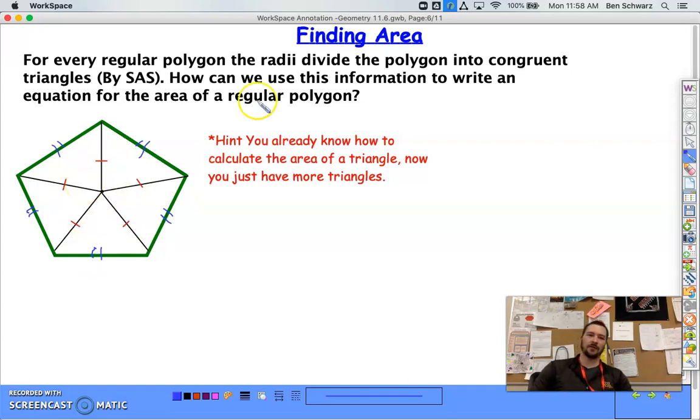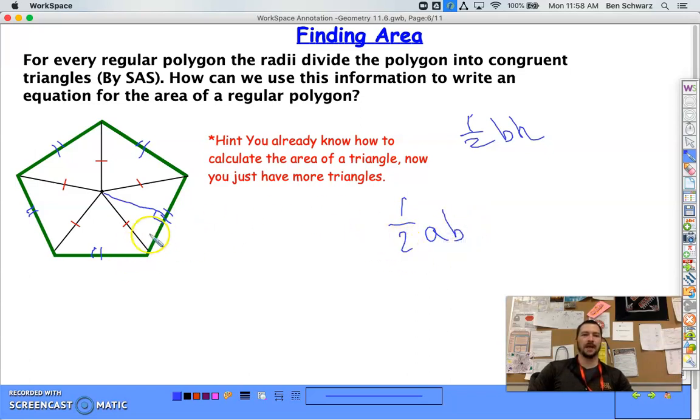So if you think about it, if we wanted to find the area of one of these triangles, we would have to do 1/2 its base times its height. Okay? So if we're just thinking about the one triangle, our height is really actually going to be, see if I can draw it right, since it makes a 90-degree angle, it's actually going to be our apothem. So we can think of 1/2 the apothem times each base.